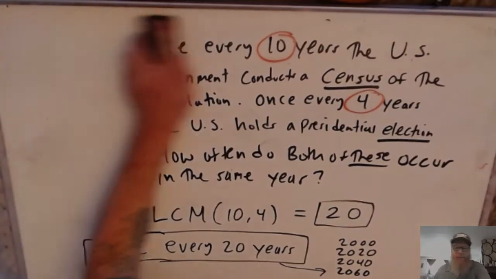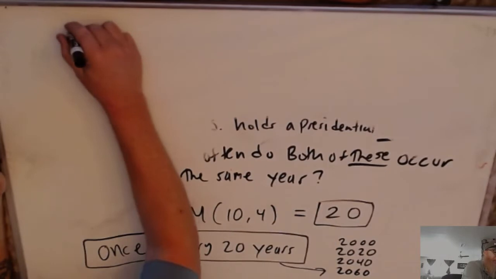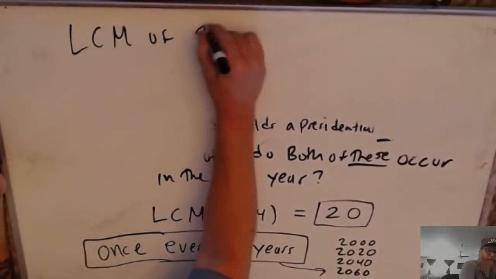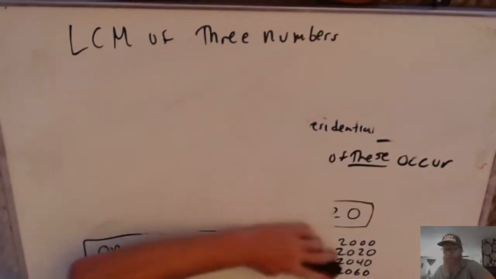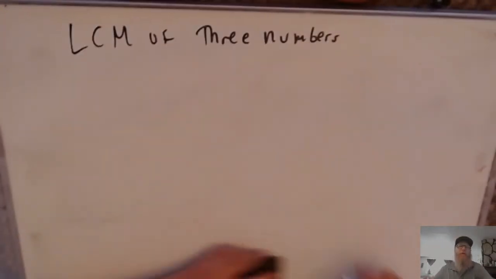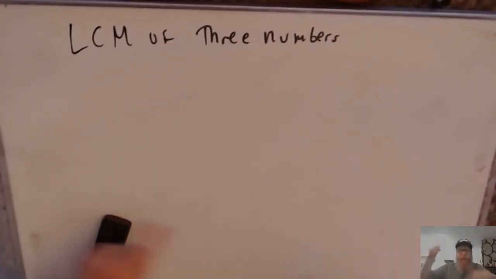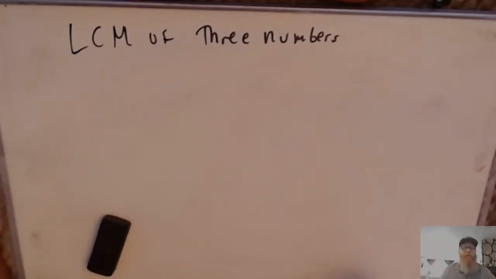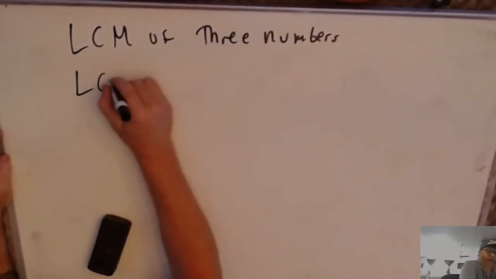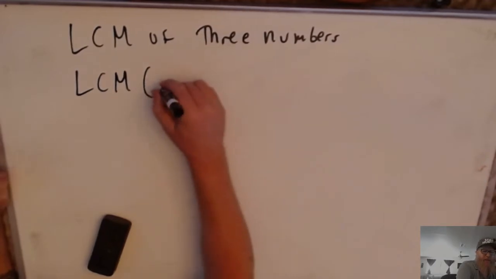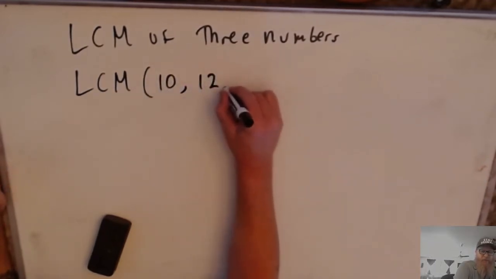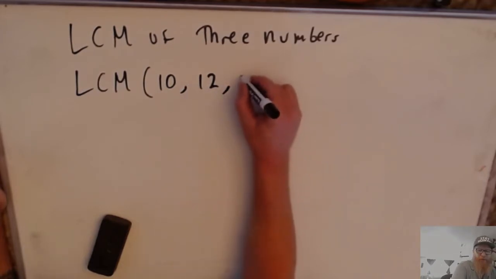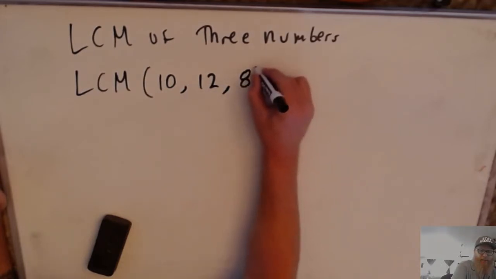Let's go to example 2 now. Let's talk about LCM of 3 numbers. Suppose we had 3 clocks all spinning, or 3 things all happening. When will all 3 of these line up? So let's say, what's the LCM of 10, 12, and 8?